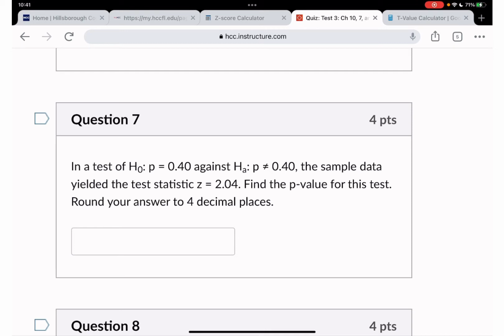The recording dropped and I reinstated it, and now it's showing 2.04. I have already recorded the same problem with z-score equal 1.52. As you can see, it's no difference.